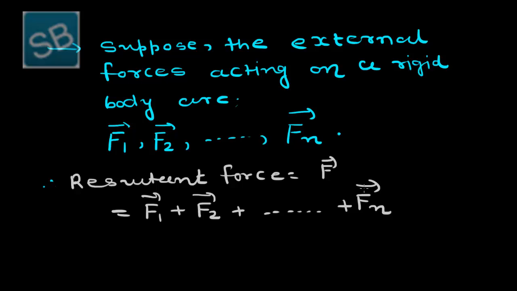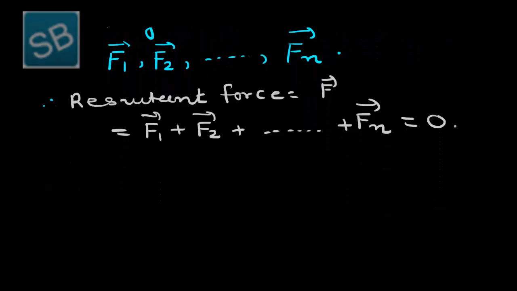And we have to consider that this resultant external force is 0. Then the rigid body is said to be in translational equilibrium.